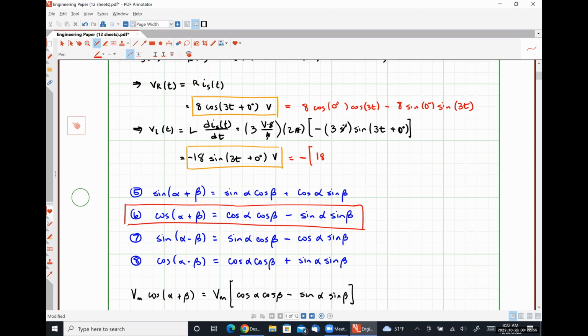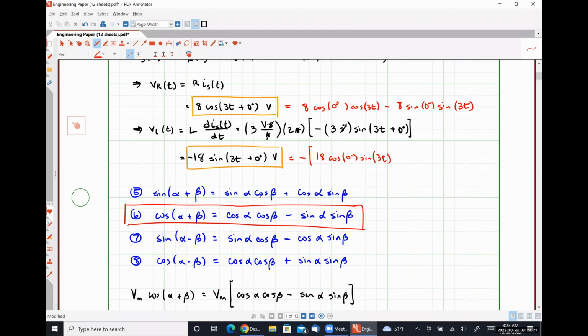So that's going to be 18, let's see, cosine 0 degrees sine 3t. So that's my 18 sine alpha cosine beta term, where beta is the phase angle thing.